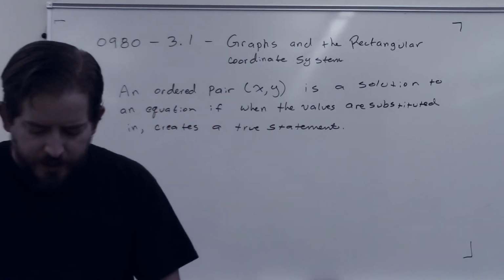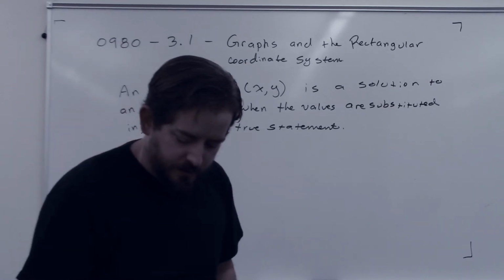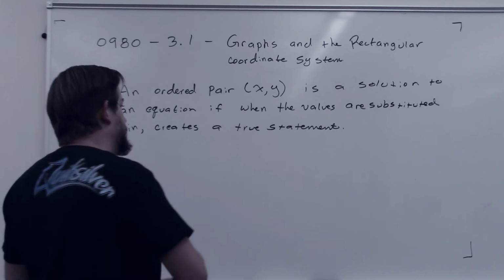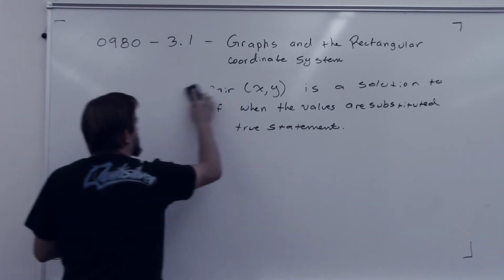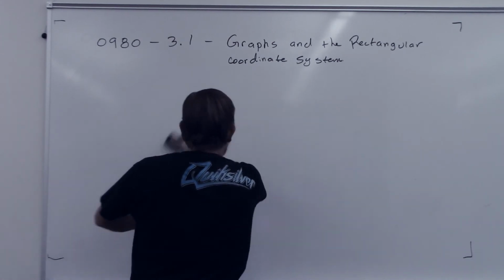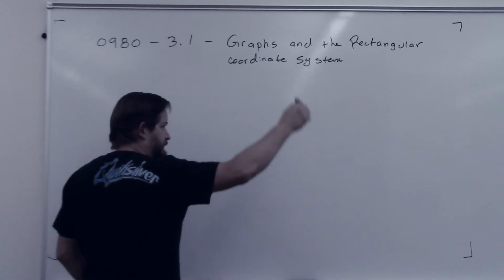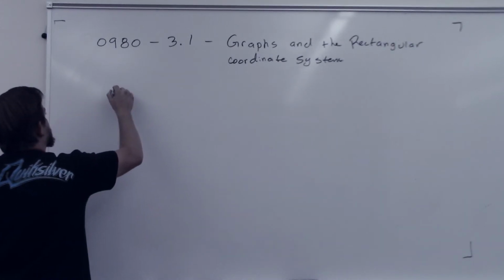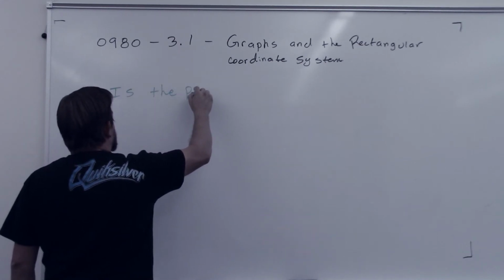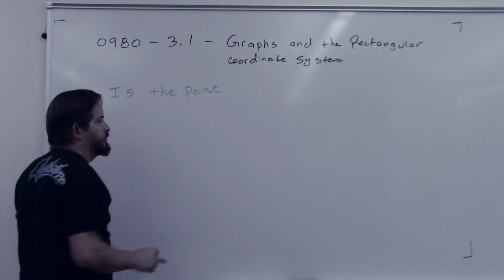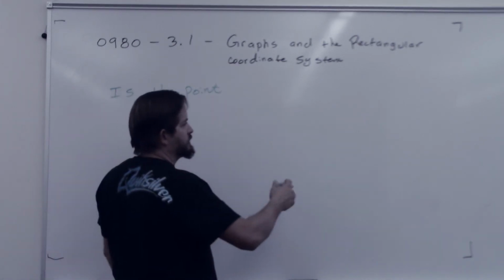And so we can try an x and a y value into an equation to see if it's a solution. So let me get rid of this, and I'll put an example of this up there. You might be asked, is the point, and sometimes we'll refer to an ordered pair as a point because it refers to a point on the two-dimensional plane.